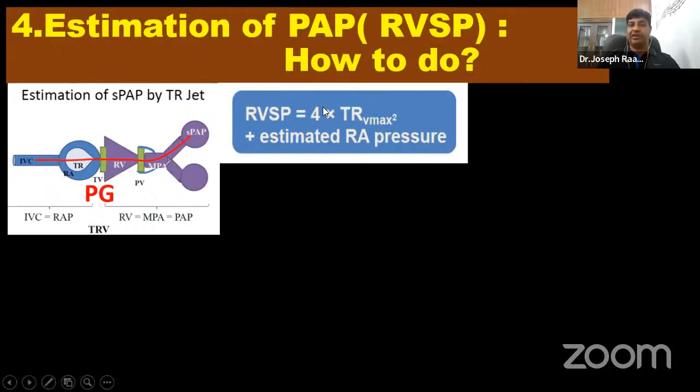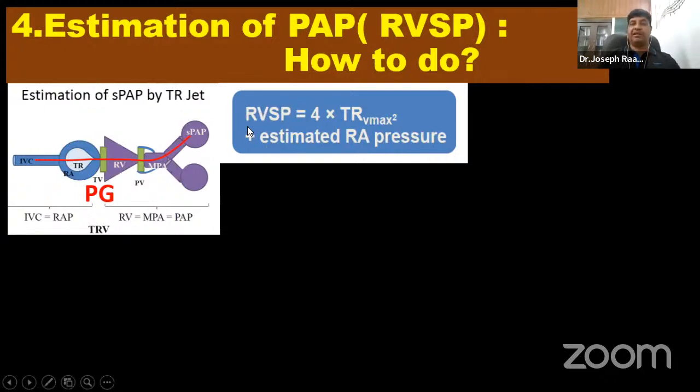Based on this, the pressure gradient can be obtained by 4 times v squared, the velocity. Here we are calculating the velocity of the tricuspid regurgitant jet, the jet that is coming back into the right atrium from the right ventricle. If you can measure this velocity, then using this formula and adding the estimated RA pressure, you can come to a conclusion about the right ventricular systolic pressure.